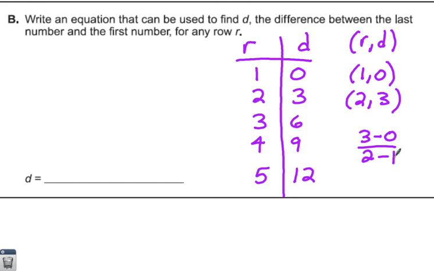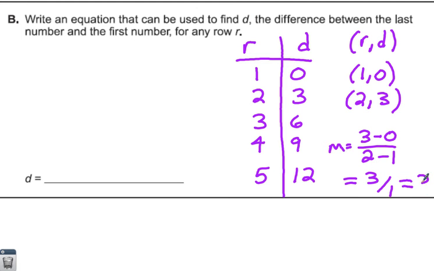And a change in x is kind of like our change in r. So just make that little simple substitution. All right? So again, this is like our m. And so our m is going to be 3 minus 0 is 3, over 1.